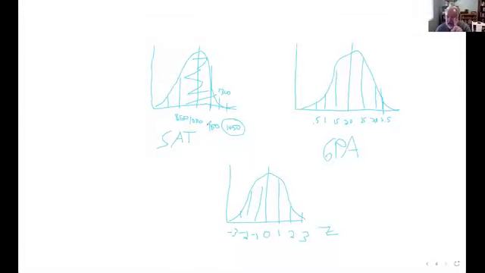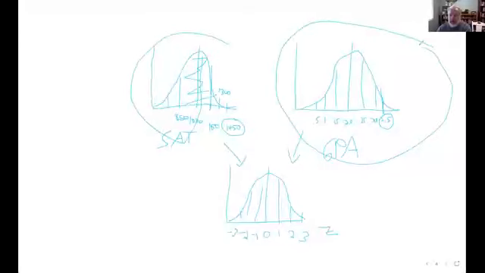I have a z-score of 1. And if I told you my GPA was 3.5, what is my z-score? 3, exactly. So by converting things to a z-score, you can actually compare apples to oranges.